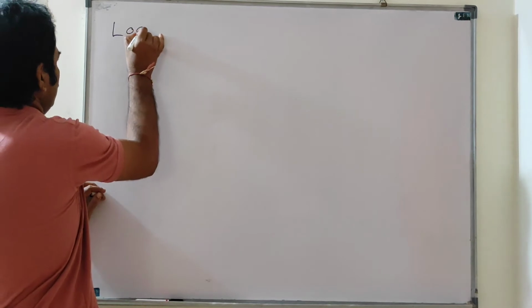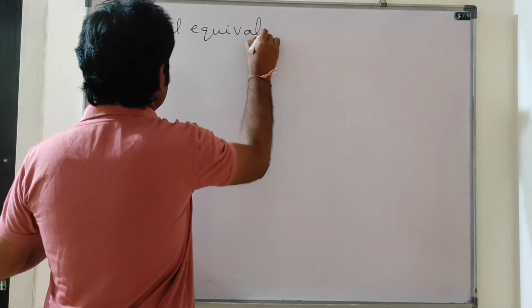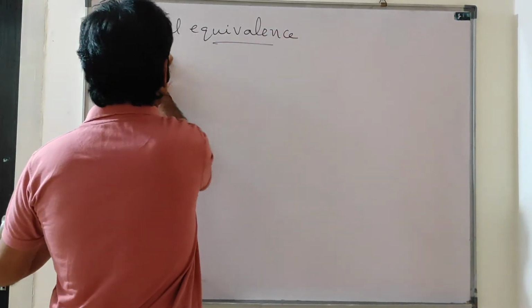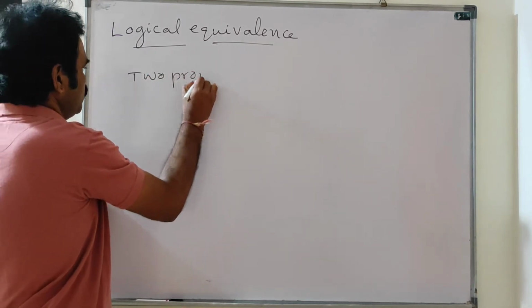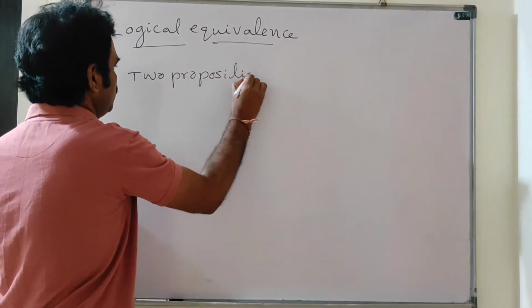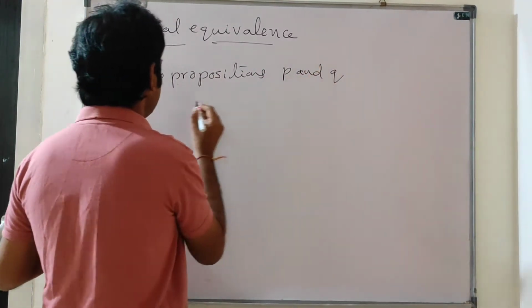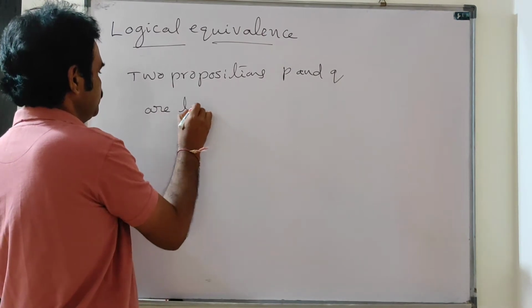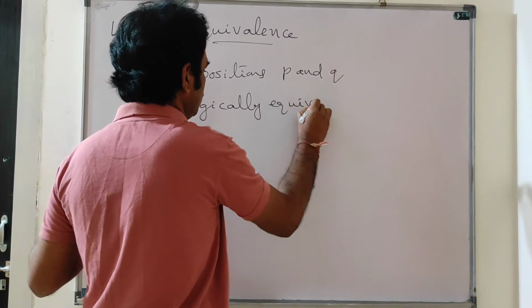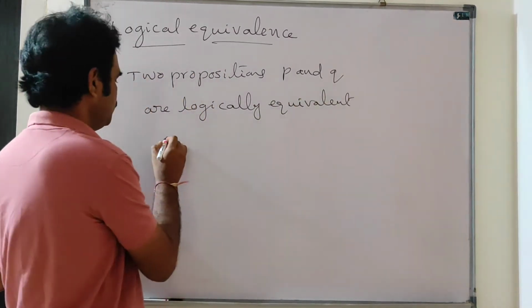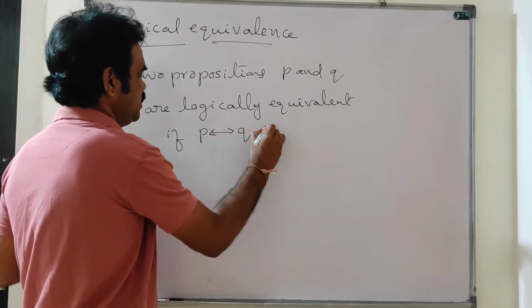Logical equivalence. You know that two propositions P and Q are logically equivalent if P bi-implies Q is a tautology.